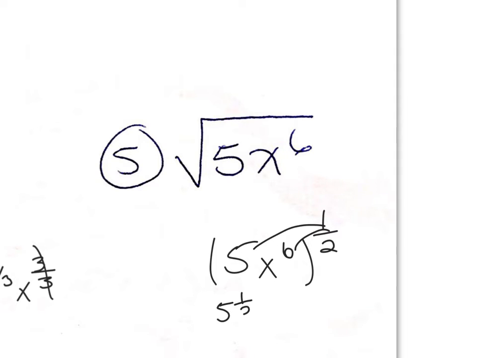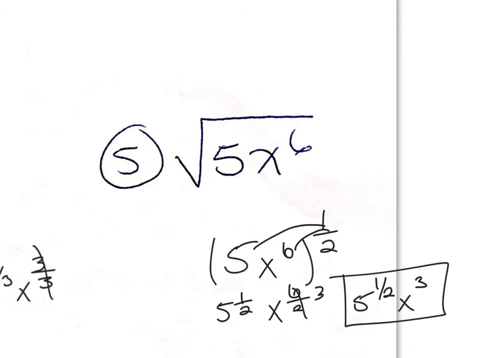We do not know the square root of 5, so we leave it that way. This becomes 6 over 2, and 6 divided by 2 turns into 3. So we could have 5 to the 1/2 x to the 3rd power. That's also an answer. Let me rewrite the original answer.